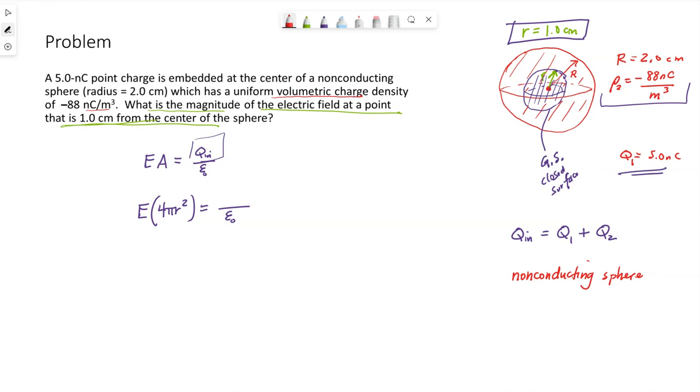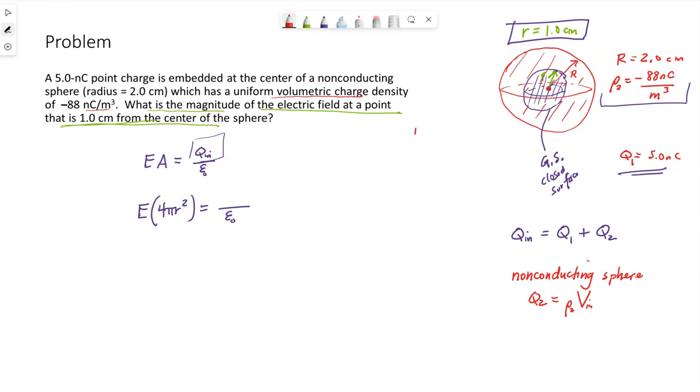I need to know how much charge Q2 is within this smaller purple Gaussian surface that I drew, the closed surface we're talking about, the flux through. That is going to come by way of the charge density, rho 2, and the volume within the Gaussian surface.